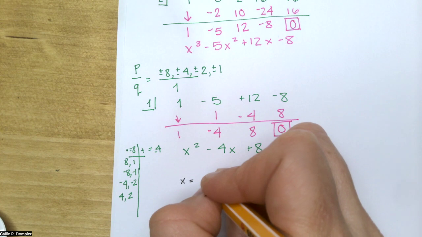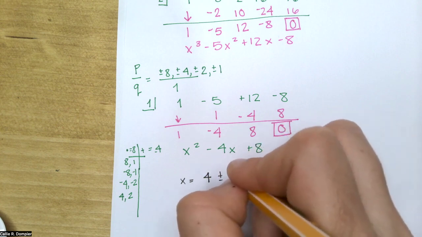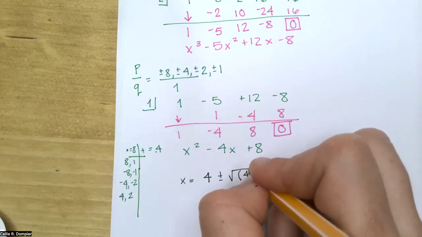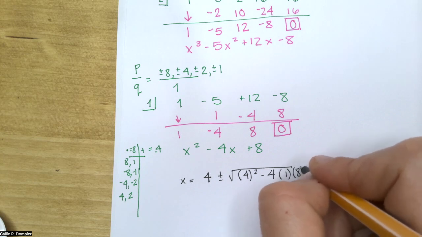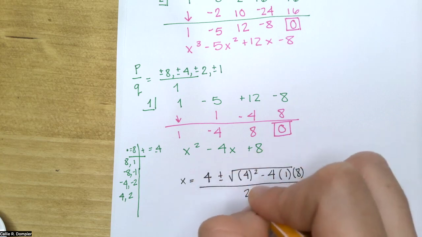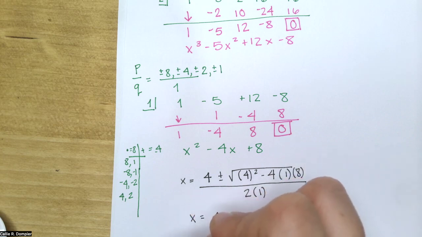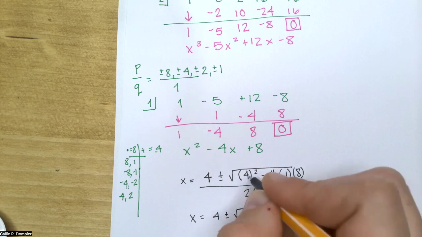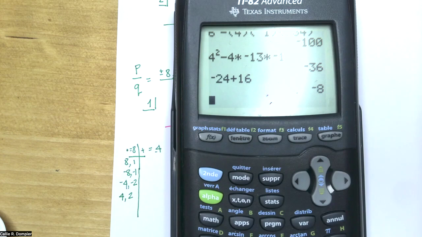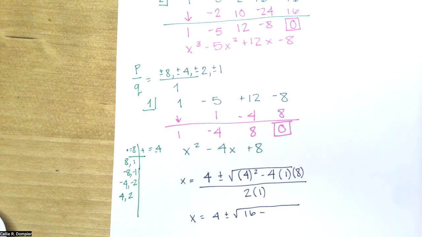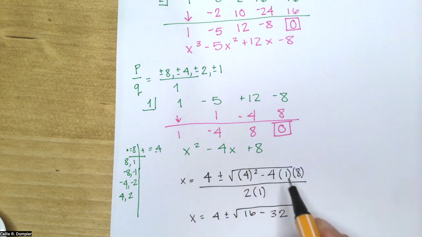x equals negative b plus or minus the square root of b squared minus 4 times a times c, divided by 2 times a. 4 plus or minus the square root of 16 minus, what's 4 times 8? 32, because those were both positives, and then what's a minus sign?